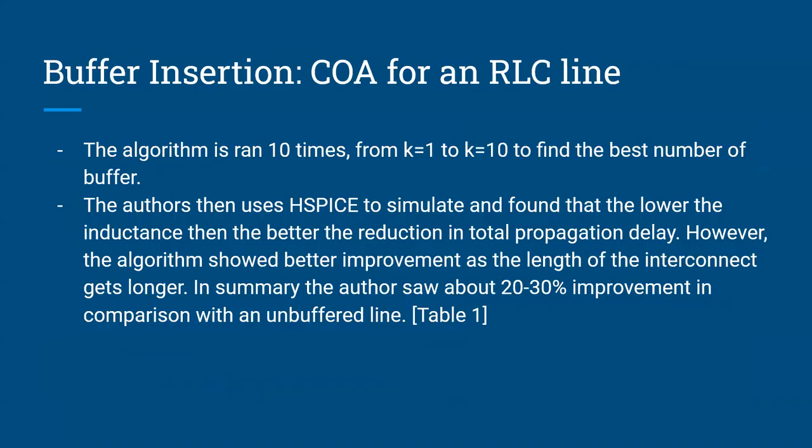Then the author uses HSPICE to simulate and found that the lower the inductance, the better the reduction in total propagation delay. However, the algorithm showed better improvement as the length of the interconnect gets longer. In summary, the author saw about 20 to 30% improvement in comparison with an unbuffered line.